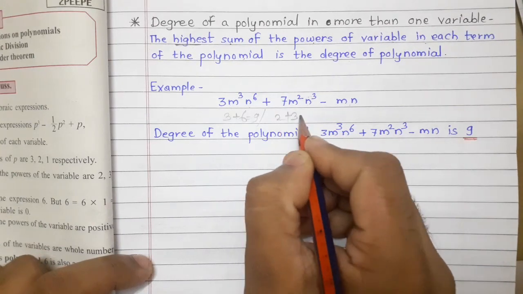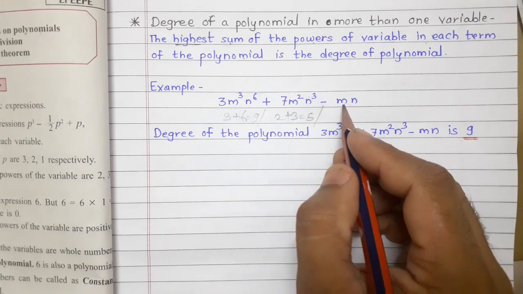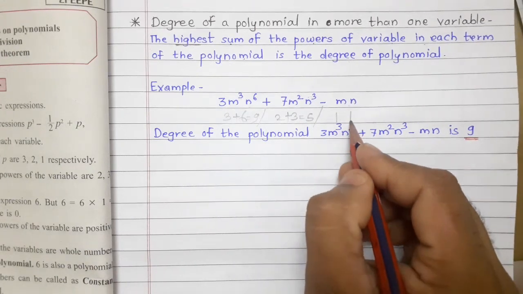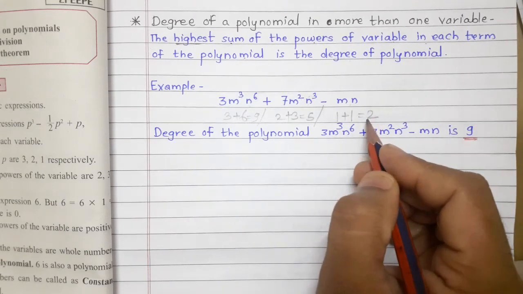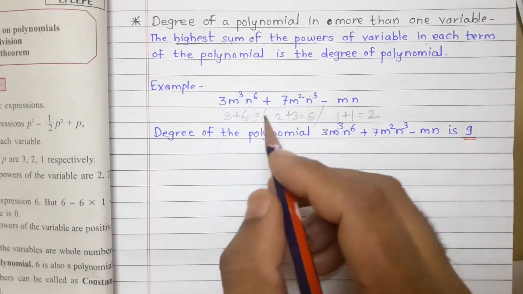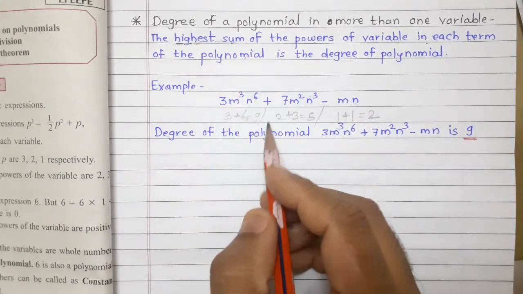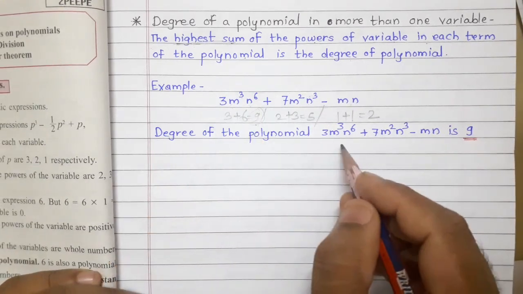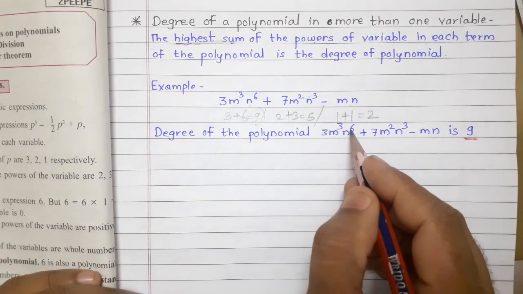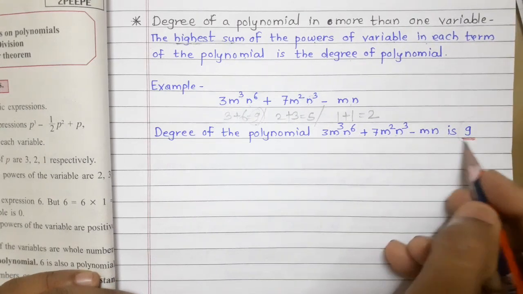Get the sum, 2 plus 3 is 5. And in the last term, the power of m is 1, the power of n is 1, then 1 plus 1 is 2. So we have to choose the highest sum of the powers. The highest sum of the powers is 9. Therefore the degree of the polynomial 3m cube n raised to the power 6 plus 7m square n cube minus mn is 9.